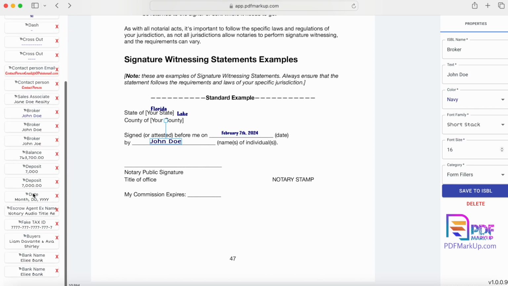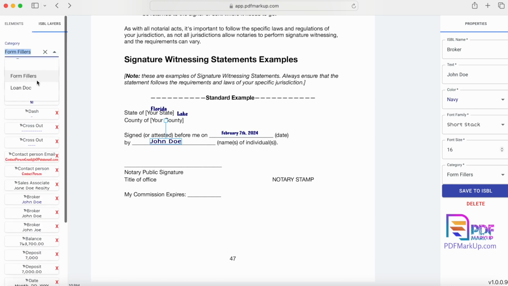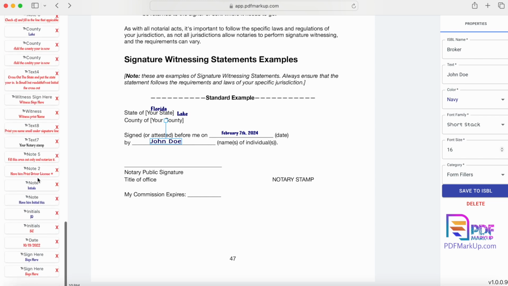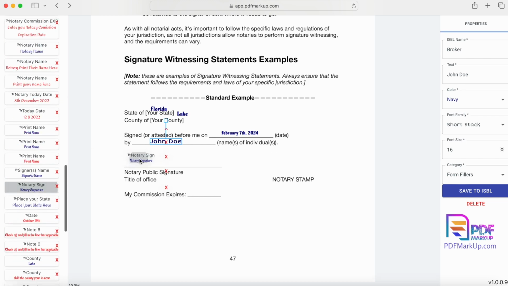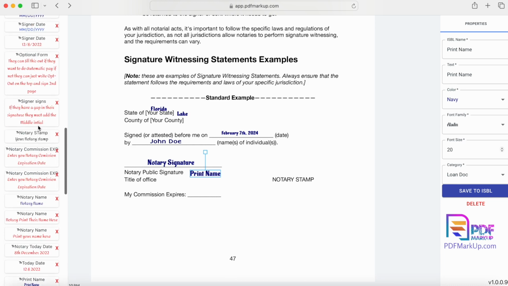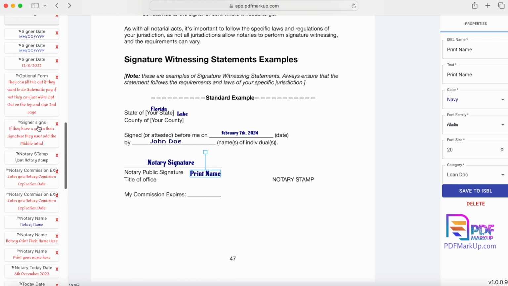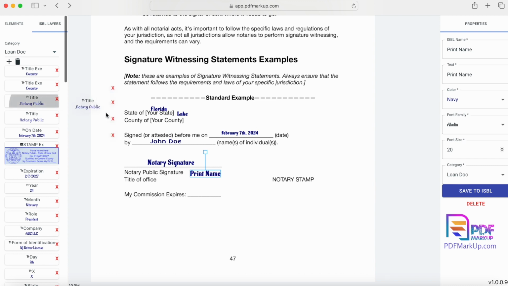Okay, now you as a notary are going to go ahead and sign, print your name. You're going to put your expiration date and your title of office, Notary Public, and your expiration date.